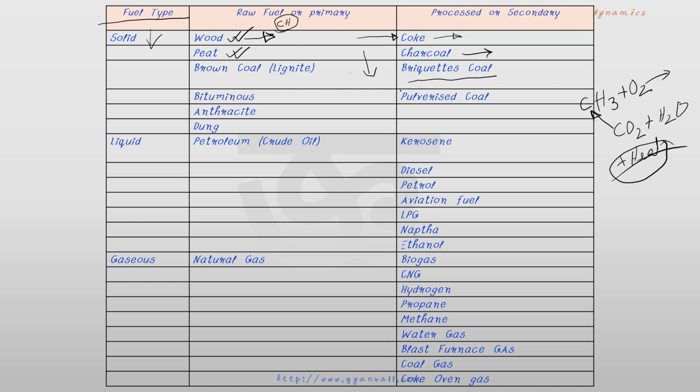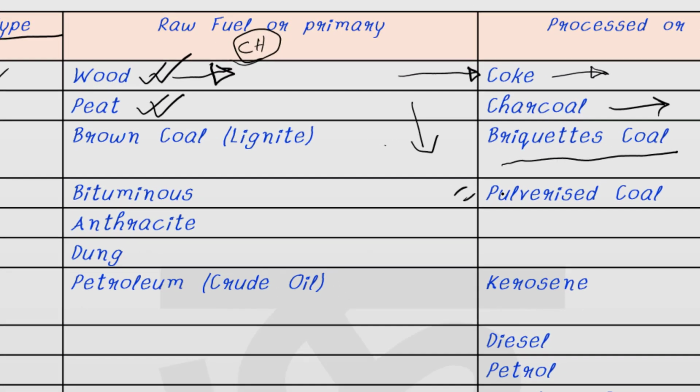Next comes bituminous coal. Bituminous coal is black. This is also called black lignite. The previous one was brown coal, called lignite. But after lignite, if it gets more time, then it will become bituminous. That means the quality of the coal will increase, and this is black in color.